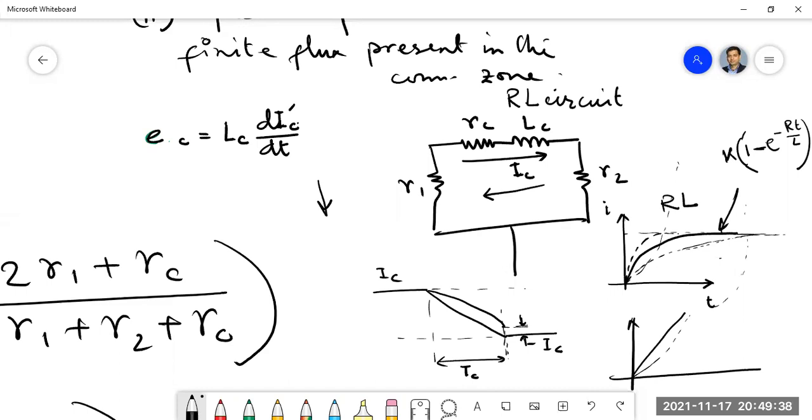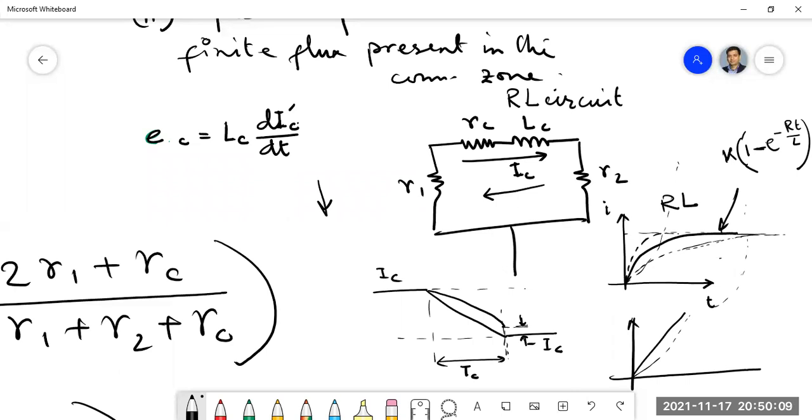Okay, so that means if the value of inductance is less, it will take less time to reach the steady state value. So inductance basically changes the transient portion. The value will change from plus IC to minus IC, but inductance will make the process delayed. Once it is delayed, it may so happen that after TC time, the current is not zero.